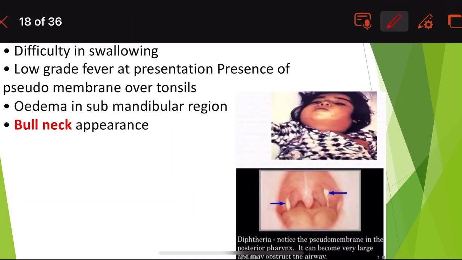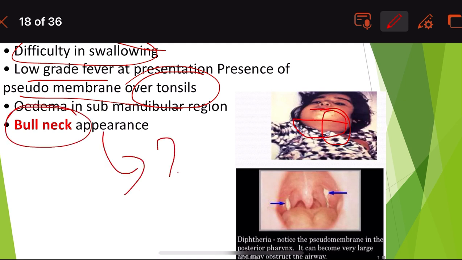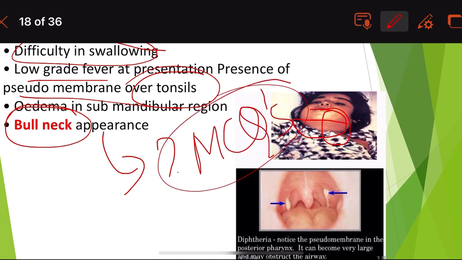In the pharyngotonsillar, there is sore throat, difficulty in swallowing, fever, and pseudomembrane formation over the tonsils, edema of the submandibular region, and bull neck appearance. It could be an MCQ in your entrance exams. The bull neck appearance is found in diphtheria.